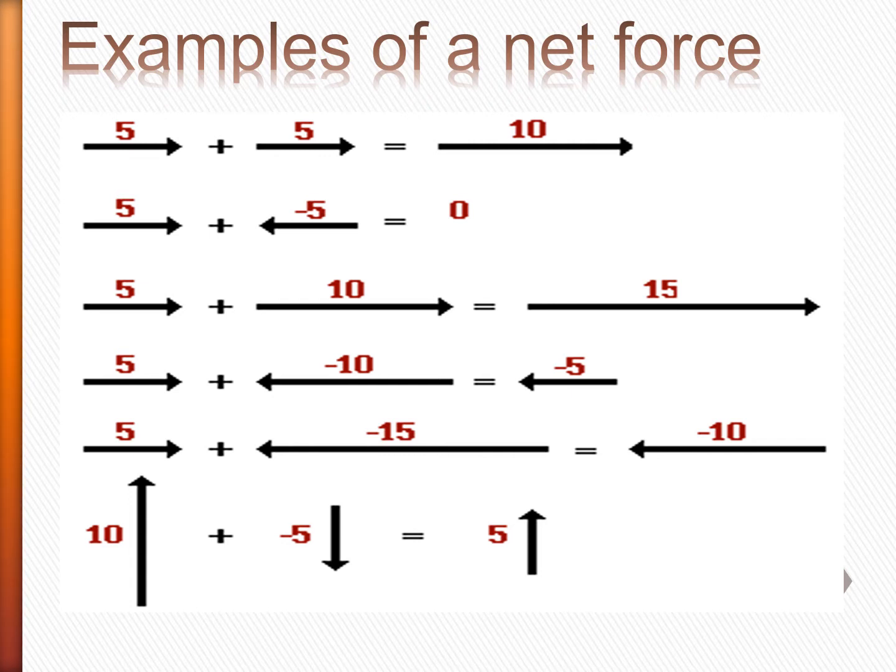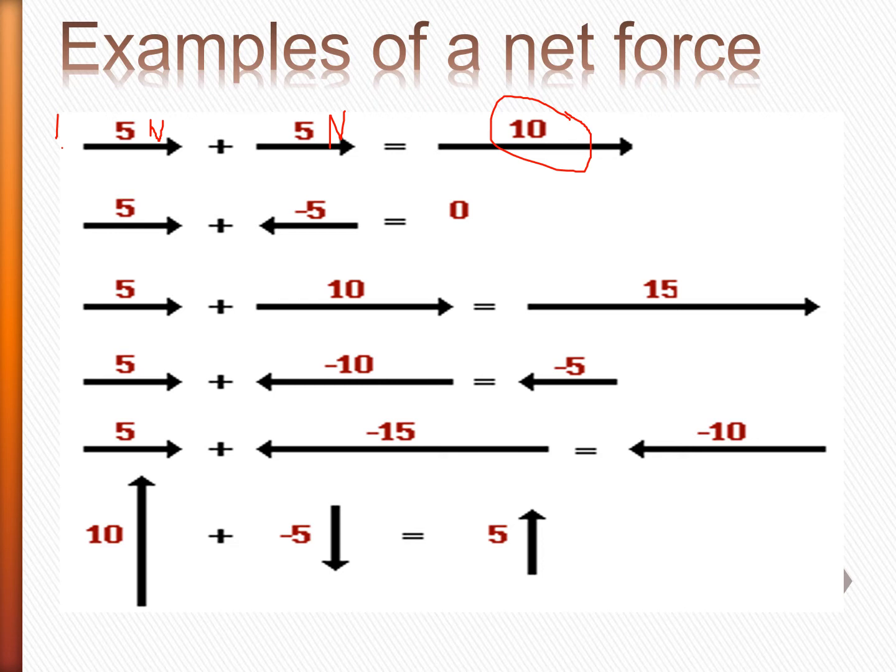Examples of a net force. Number one. We have here 5 newtons, and another one, 5 newtons. So 5 newtons plus 5 newtons is equivalent to 10. So that is the net force. We simply add them together because they are moving in the same direction.